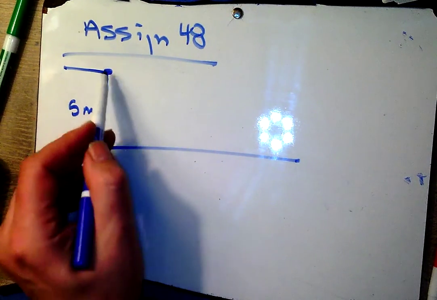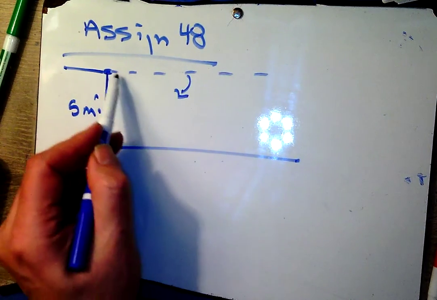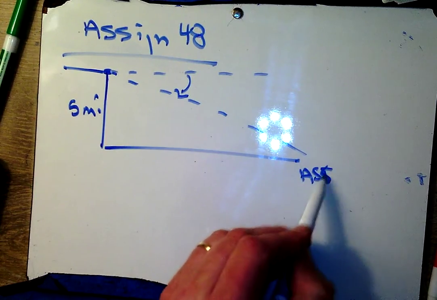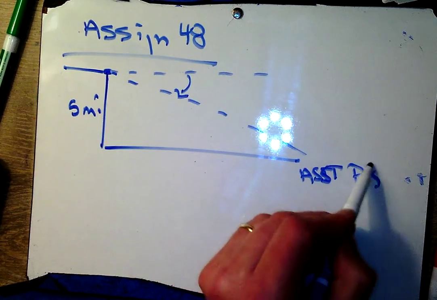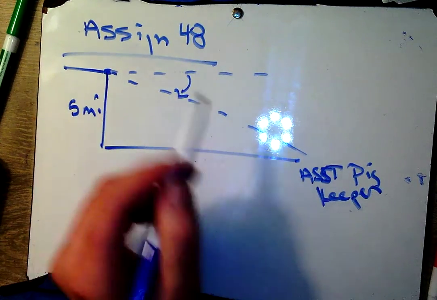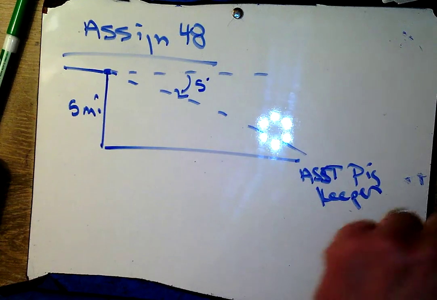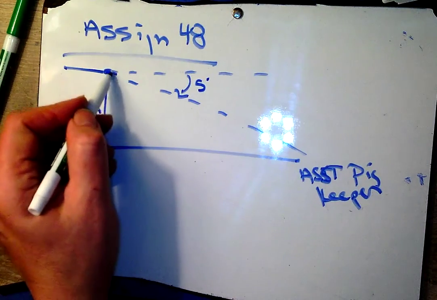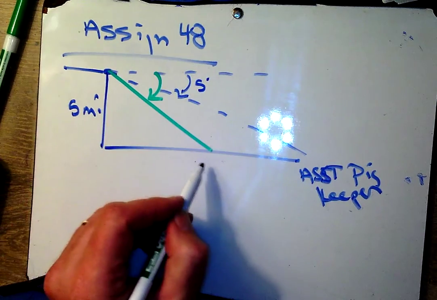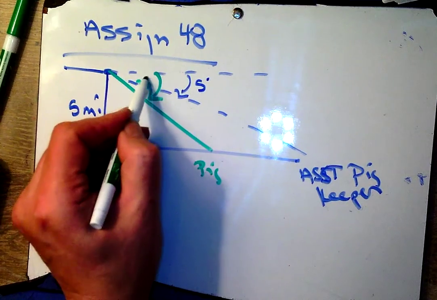And you know that the angle of depression to the assistant pig keeper is 5 degrees, and you know the angle of depression to the oracular pig is 35 degrees.